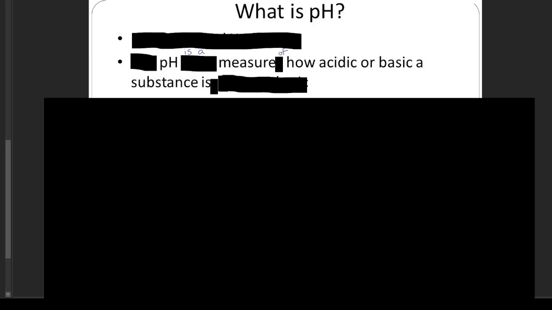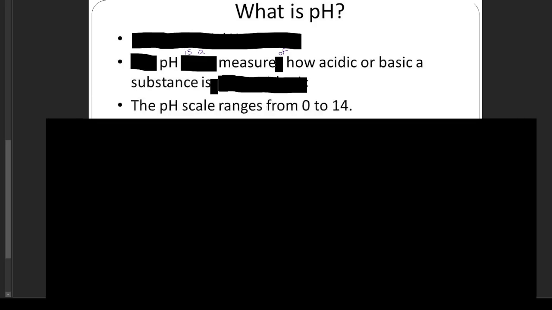That must mean that there must be a value by which a solution would be determined to be acidic, as well as a specific value or range of values by which a solution would be determined to be basic. These ranges of values are what we call a pH scale.